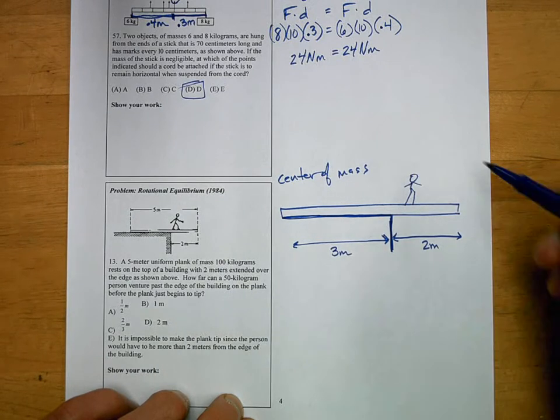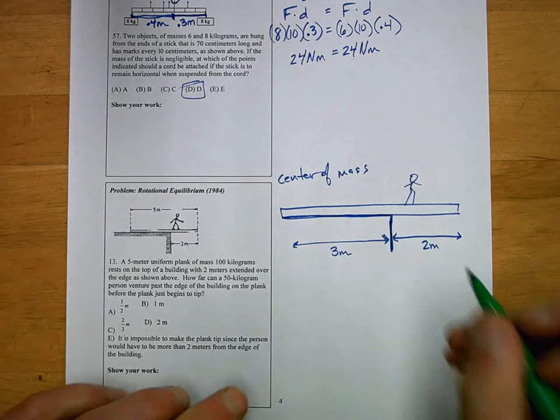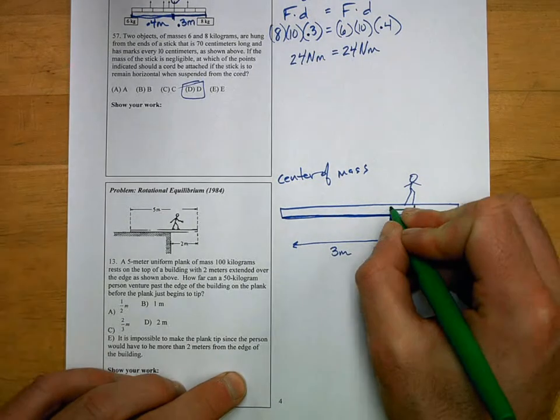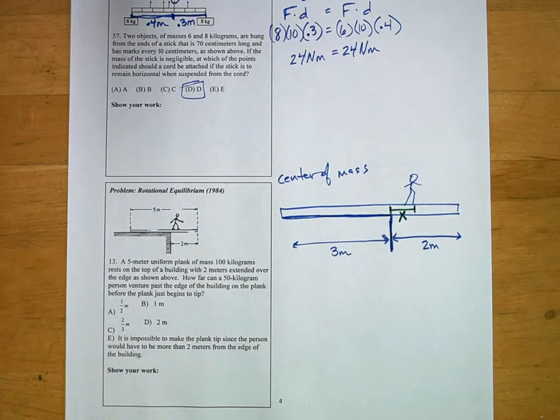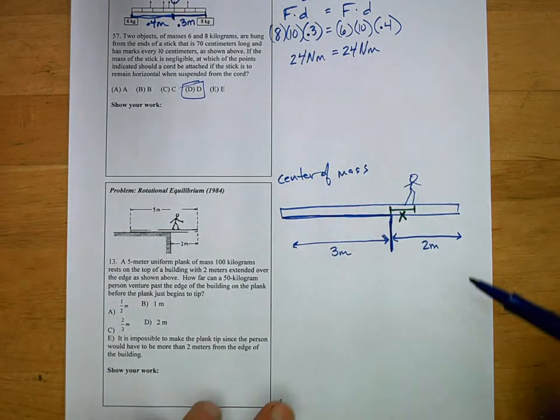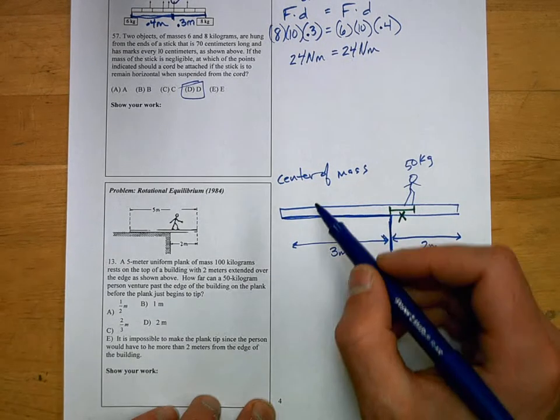We want to know how far from the edge can he walk. Let's call that X. Okay, the man is 50 kilograms. The plank itself is 100 kilograms.